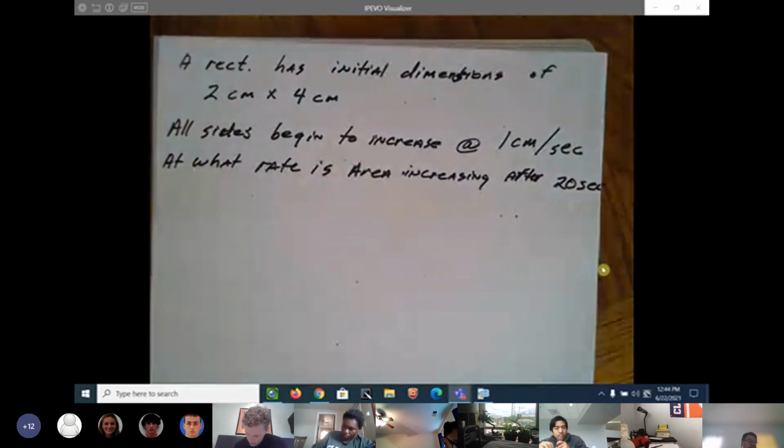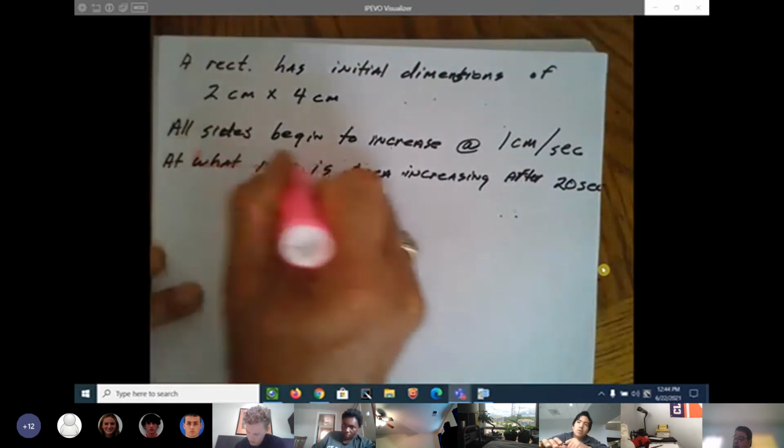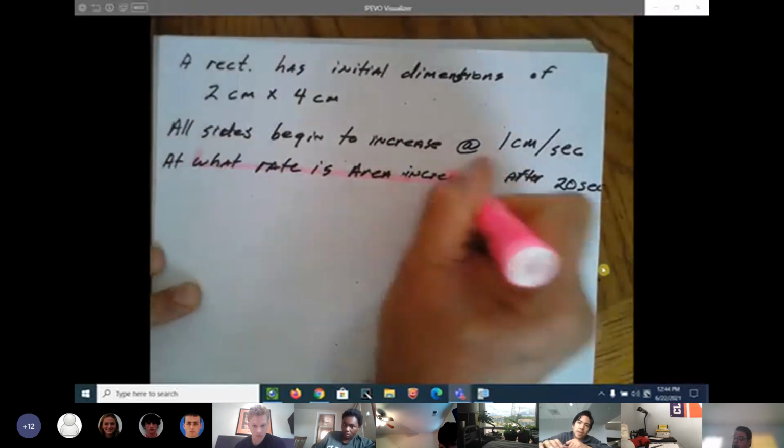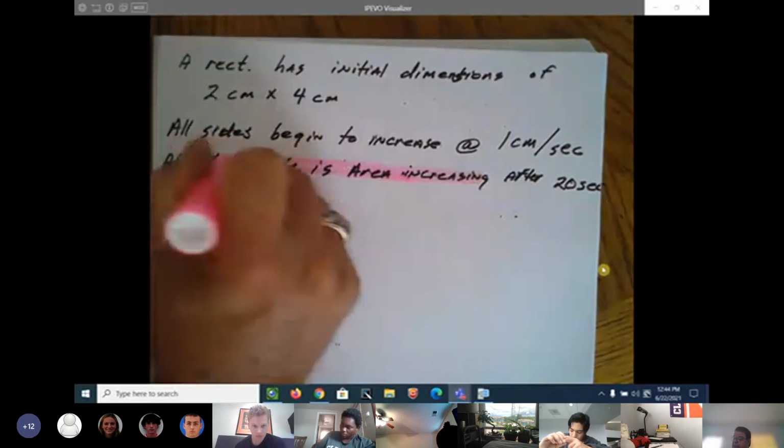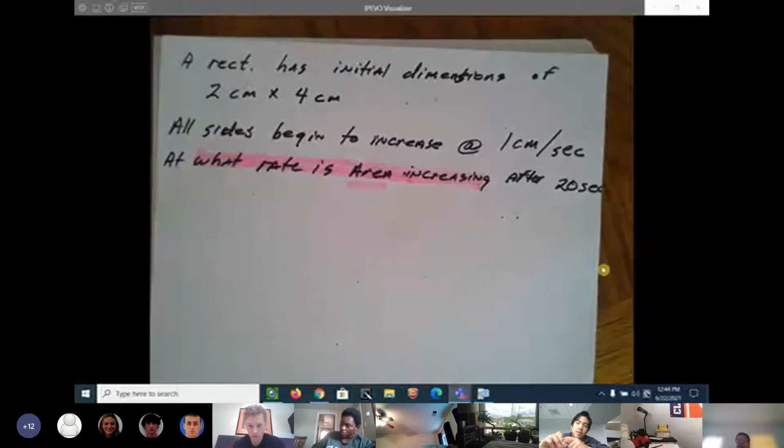Okay, so I'm going to take my handy dandy highlighter and somebody tell me what we're looking for. Rate of change of what? Of the area. So we're looking again for dA dt. So what do we know?